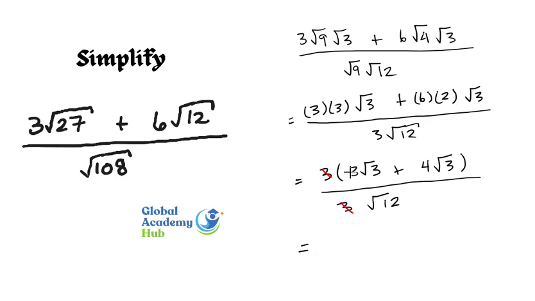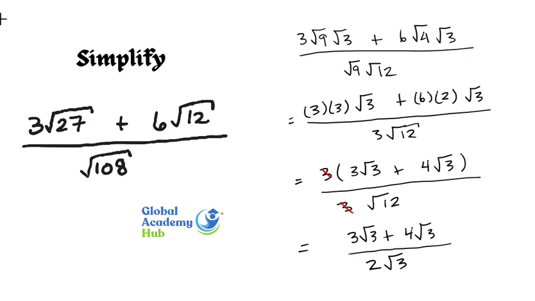And so now what we have is 3 square root of 3 plus 4 square root of 3 divided by 2 square root of 3. Now, how did I get 2 square root of 3?